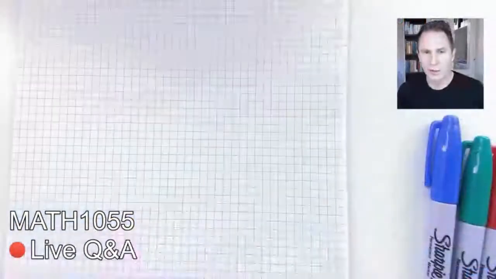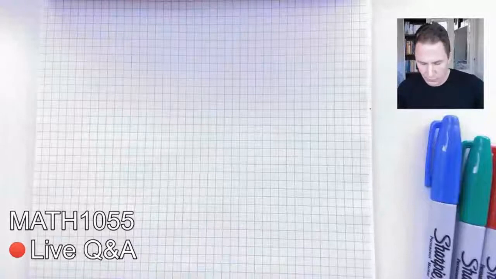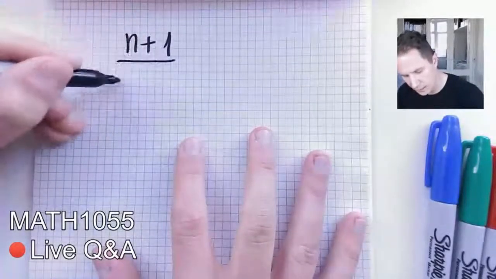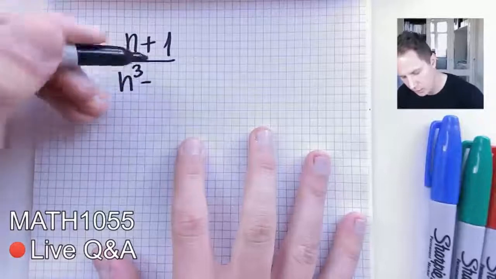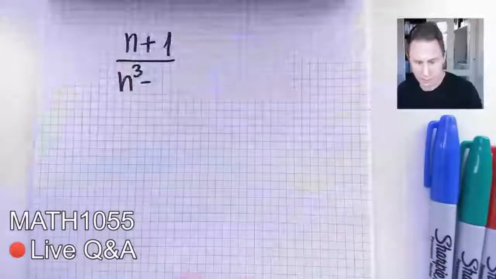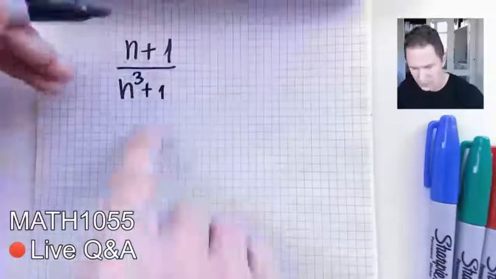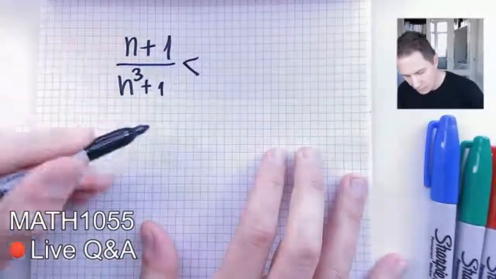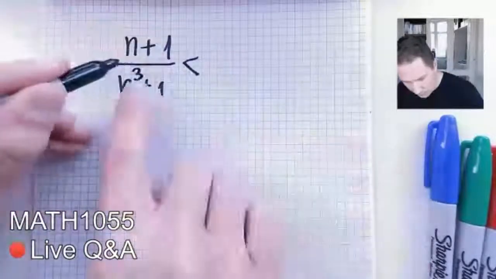We'll look at this problem in a second, but let me quickly go back to the previous one. If we had n plus 1 divided by n cubed plus 1, so instead of minus 1 here we had plus 1, we could have given the upper bound of n plus n.